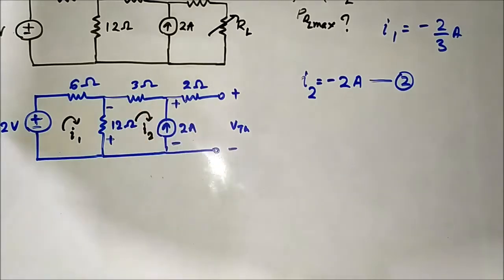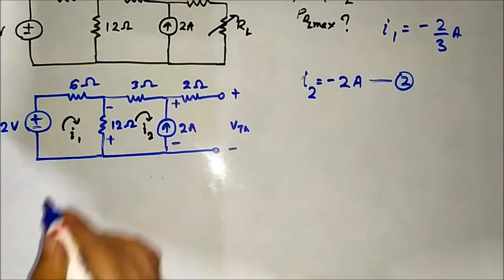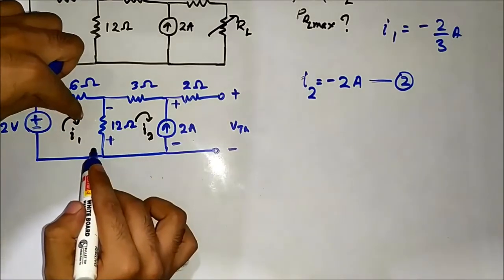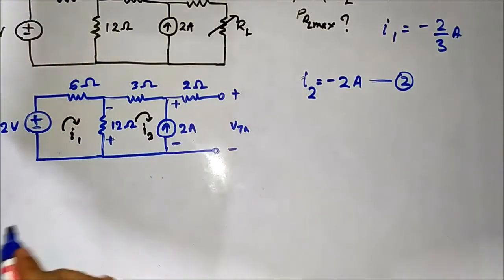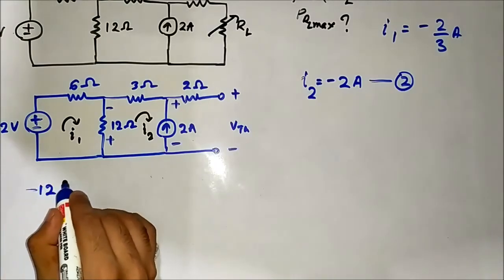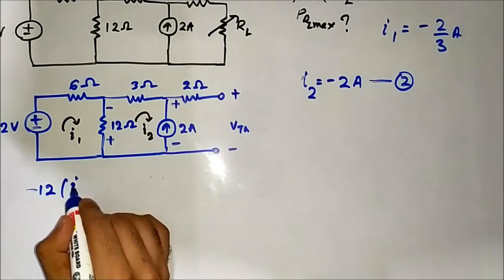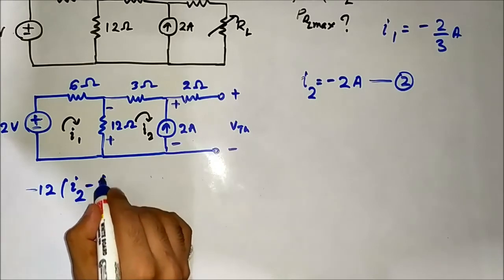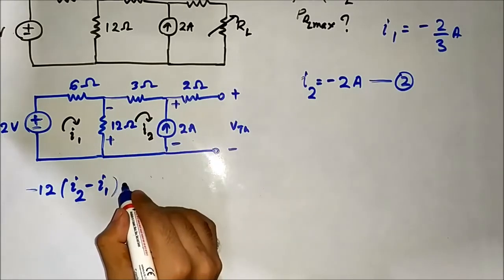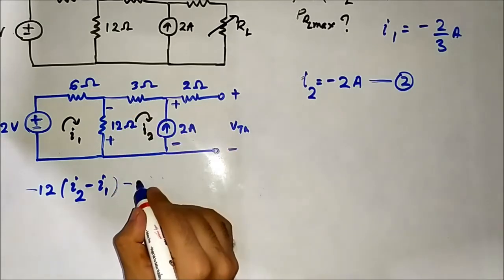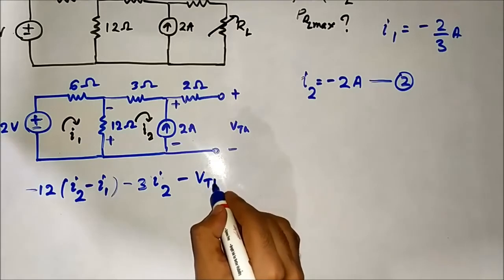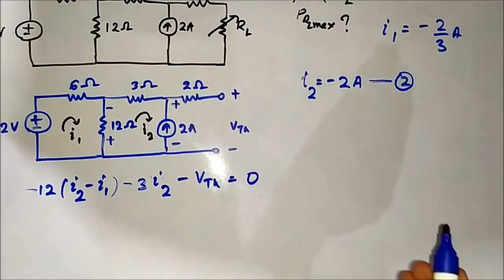So this will be the voltage polarity which we will assume, and I2 will be dominating. I1 is in the opposite direction with I2, so the equation will be minus 12 into I2 minus I1, minus 3 I2, minus VTH is equal to 0.